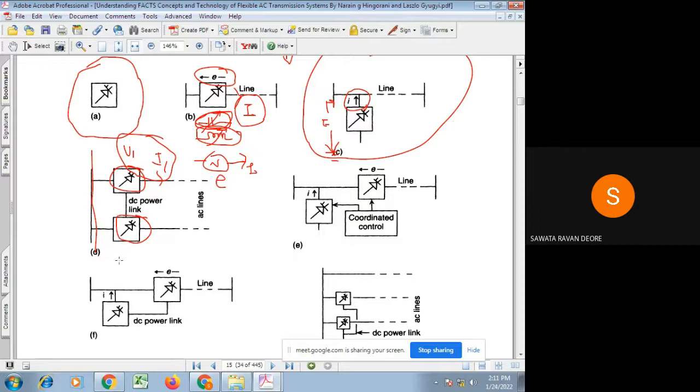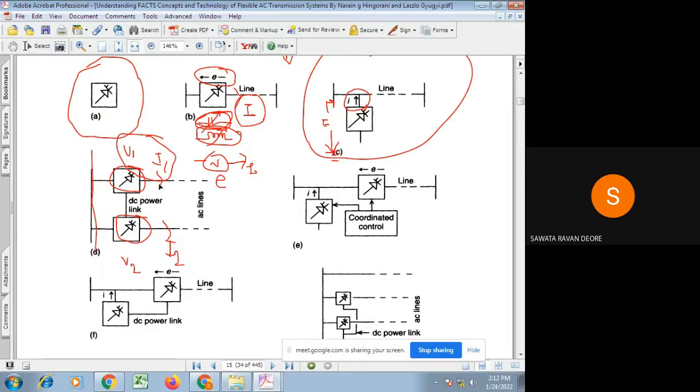Same is the case with the second: this fast controller will inject voltage V2 in series with the second transmission line, and according to its phase relationship with the current flowing through that second line, that is I2, it exchanges real and reactive power with the transmission line.